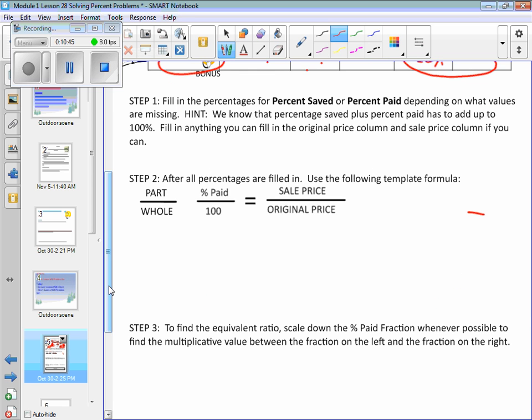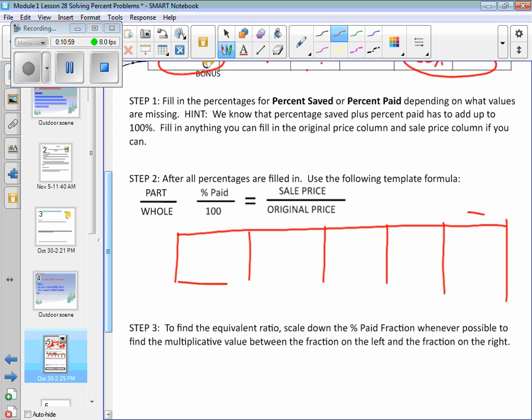They said, okay, I need 5 parts because 20 out of 100 is the same as 1 out of 5. So they broke this up into 0, 1, 2, 3, 4, and the whole amount. And they did this. Then they said, okay, I'm going to let my top part be my percent and the bottom part be my dollars.